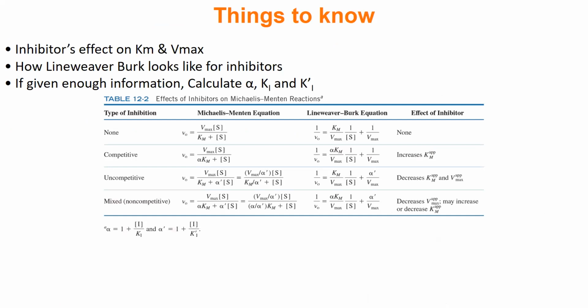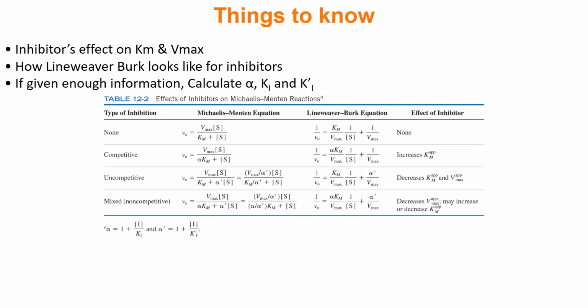So big takeaway. What do I want you to know from what I was just talking about? You should be able to tell me for these three types of inhibitors how Km and Vmax change. You should know on a Lineweaver-Burke plot what these types of inhibitors look like. If I put the non-inhibited line in with the inhibitor, what's my plot going to look like?